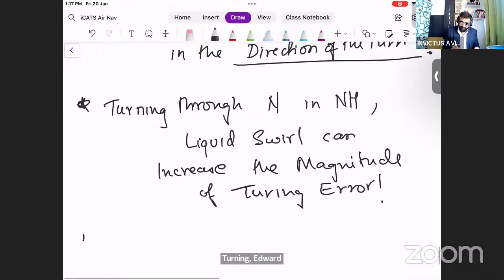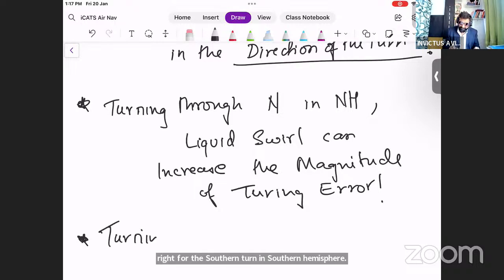Interestingly, you might think the same is true, right, for the southern turn in southern hemisphere. Write the statement down. This is the other reciprocal thing.